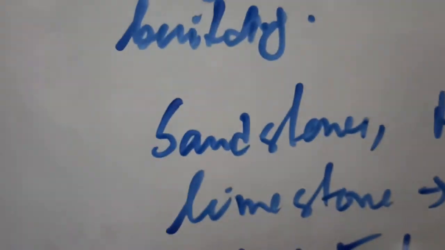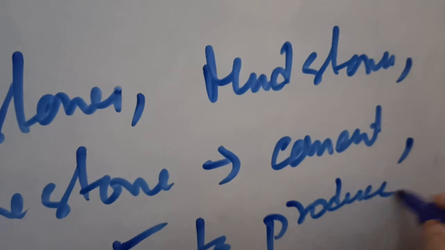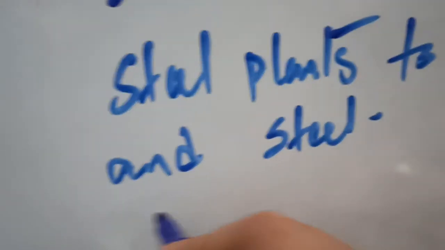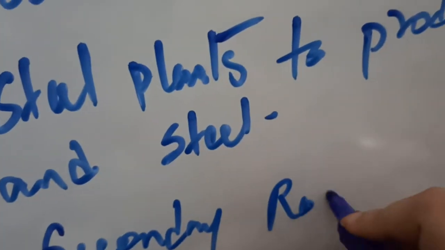It is also used in the steel plants to produce iron and steel. So another name for the sedimentary rock is the secondary rock.